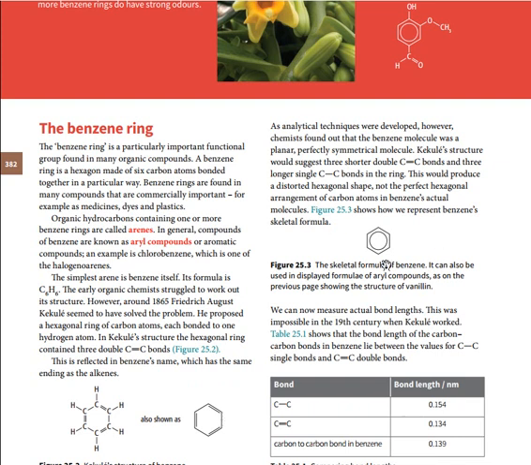This is why there is another structure that we usually draw for benzene, and this is the structure. It contains delocalized electrons. It does not say that benzene has double bonds. It just says that the electrons are moving all through the space of benzene.